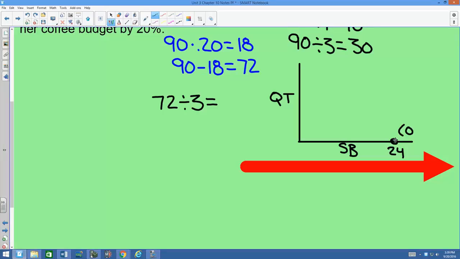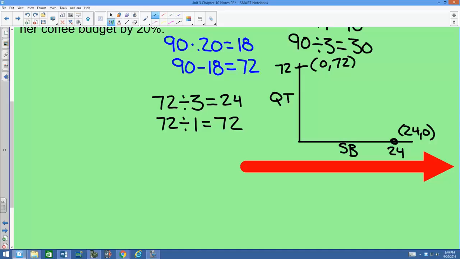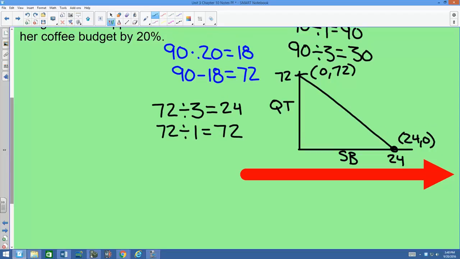So this point would be 24, 0. And if she went all to QT, 72 divided by 1 is 72. And this point would be 0, 72. There we go. So any point below this line is in her new budget. Anything above it is out of her budget.